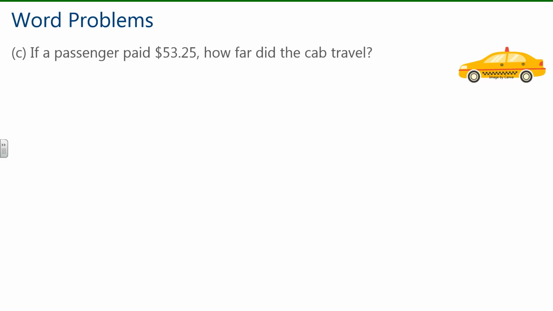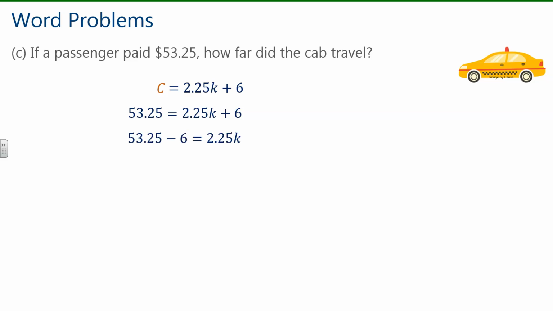So now part C says, if a passenger paid $53.25, how far did the cab travel? So in our equation, c represents the cost. So that's where 53.25 needs to go, on the left. So now we need to find out k, the number of kilometers. So we need to isolate k by bringing the plus 6 over to the other side.